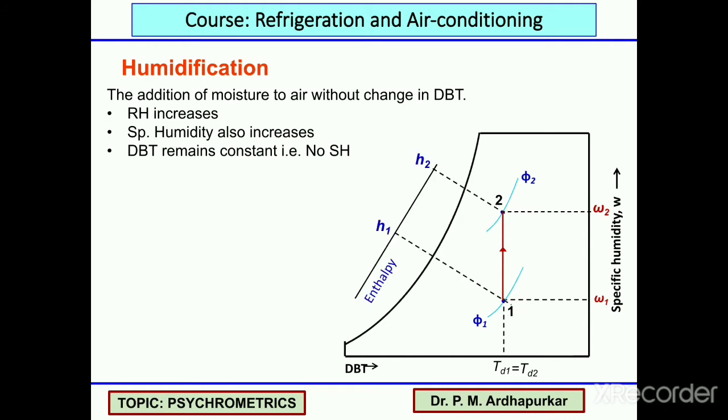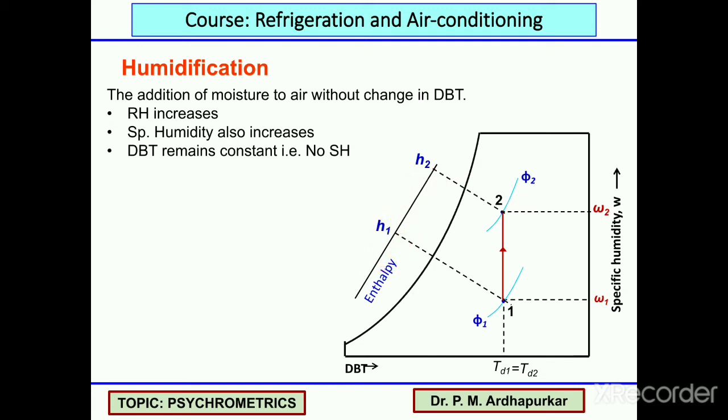What about enthalpy? If you note down the enthalpy at point 1, it is H1 on this enthalpy scale, and if you measure the enthalpy at point 2, that would be H2. We will come to know that this H2 is increased as compared to H1 value. So, that means enthalpy increases.